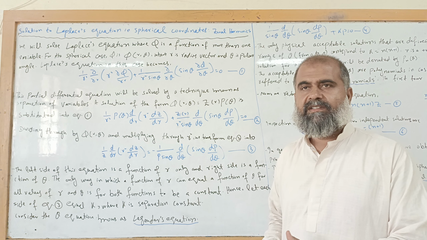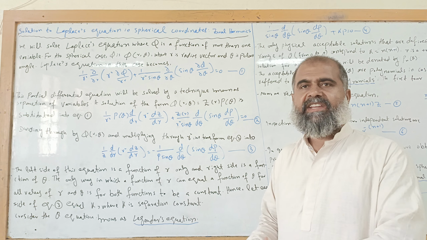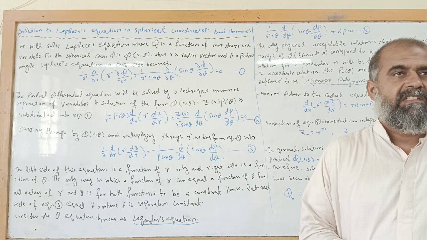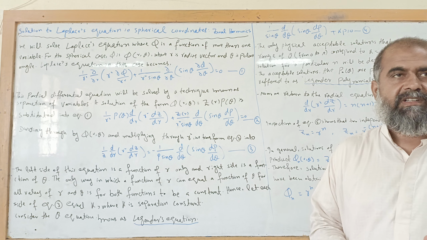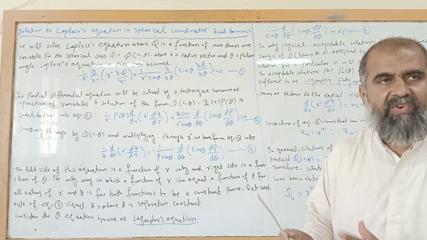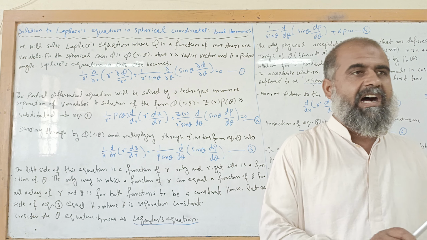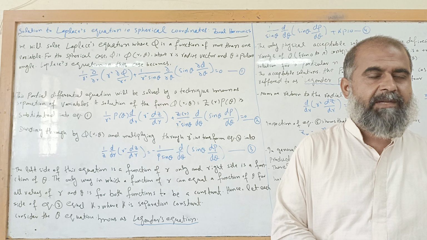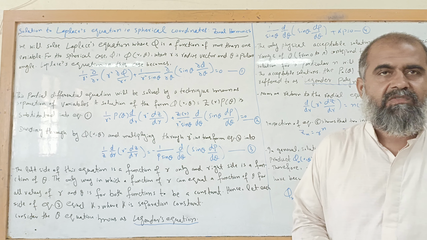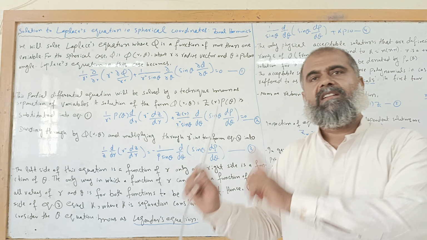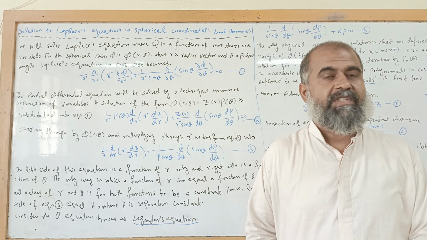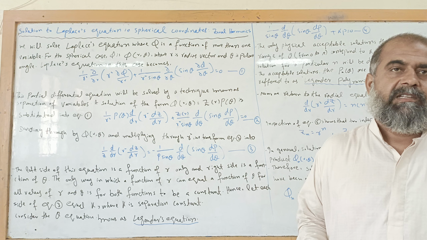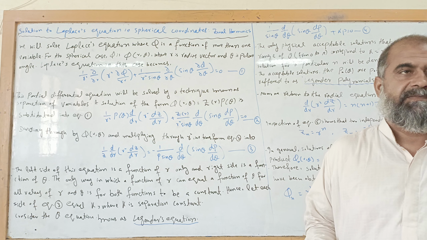Similarly, in the spherical polar coordinate system, the variable of the Laplace equation, phi, is a function of r and theta, not only r. r is the first coordinate, theta is the second coordinate, and phi is the third coordinate, because r, theta and phi are the three coordinates of the spherical polar coordinate system.